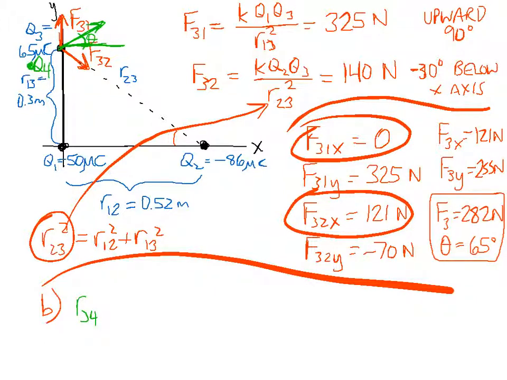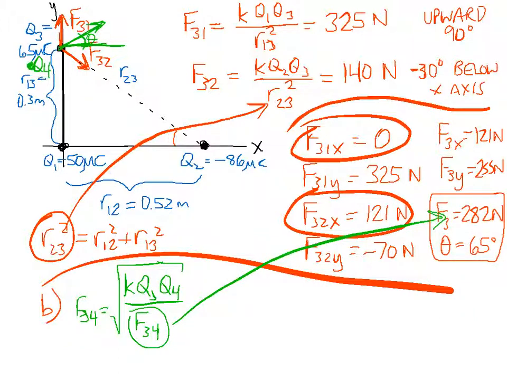To figure out the distance of that, we use Coulomb's law, but rearrange it for the R34, that's the distance between charge 3 and charge 4, and that's equal to the square root of K Q3 Q4 over F34. That's the force on charge 3 due to charge 4. And we know that this down the bottom has to be exactly equal to the 282, so it'll cancel it out.